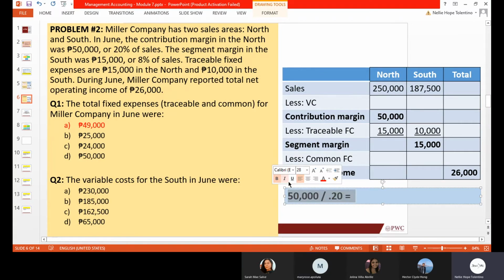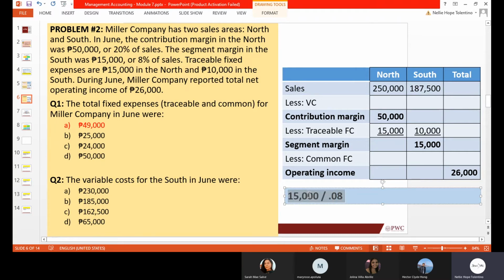Sa pag-compute niyan, ganun pa rin, 15,000 divided by 0.08 or the 8%. So, you have 187,500. Kung may ganyan kang data, pwede mo nang ma-fill out lahat ng blanks.